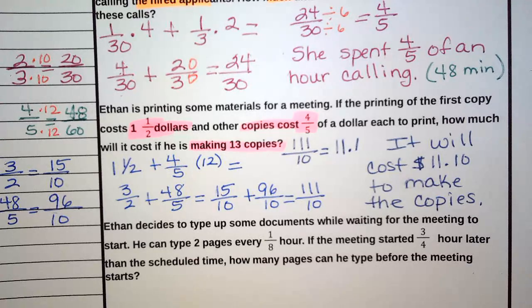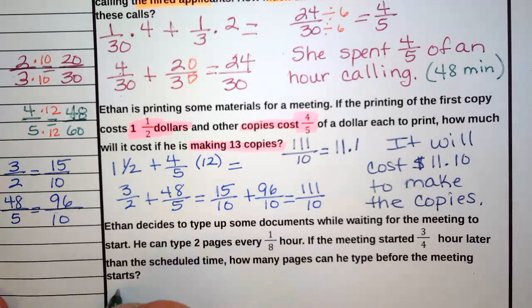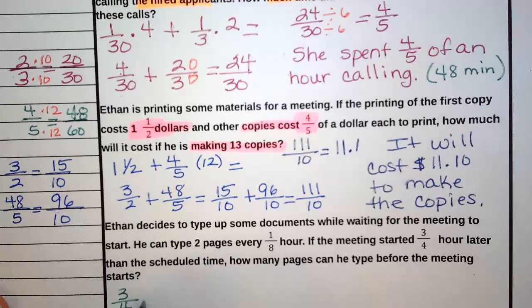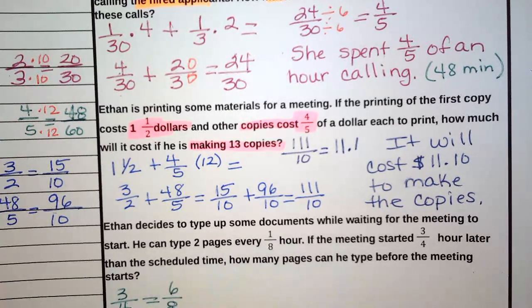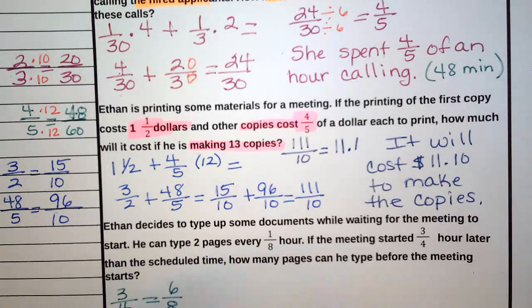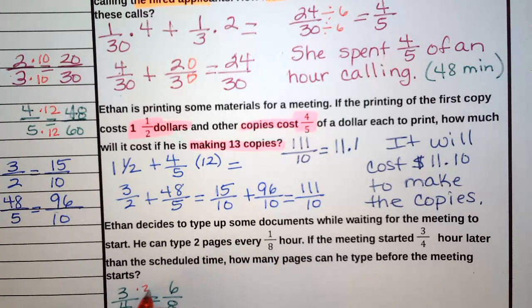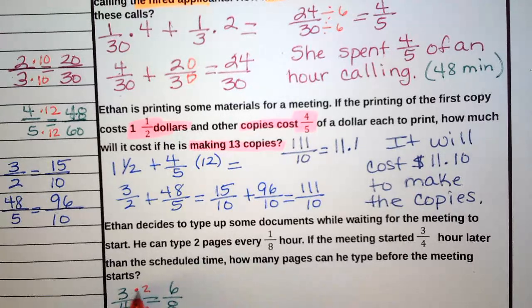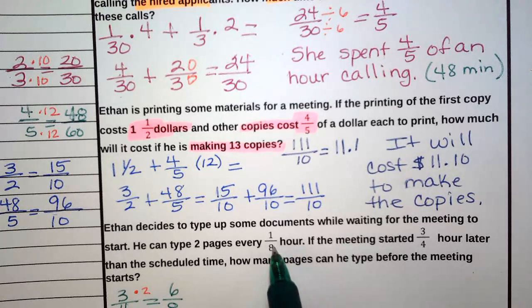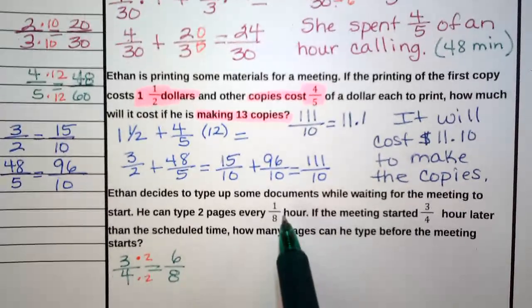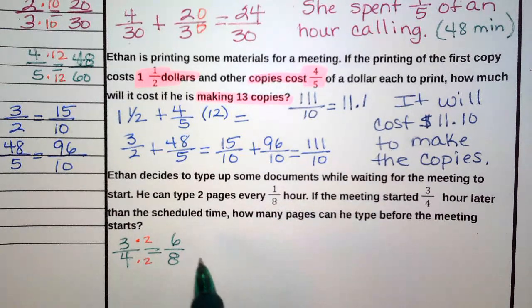I need to change 3/4 into something over 8. 4 times 2 is 8. 3 times 2 is 6. Okay. How many 1/8s are in 6/8? There would be 6.